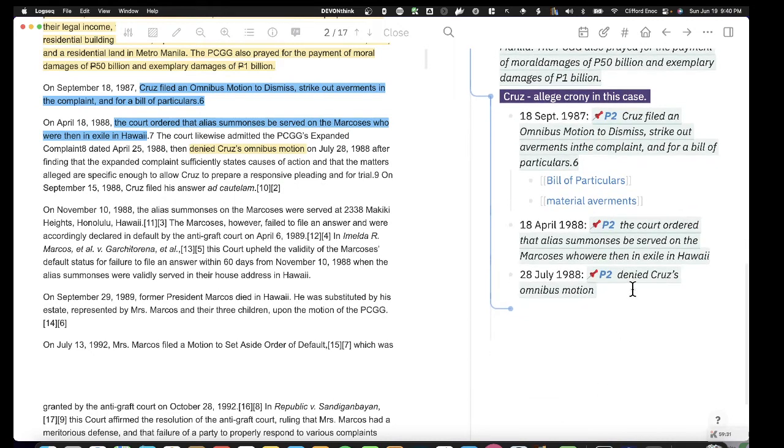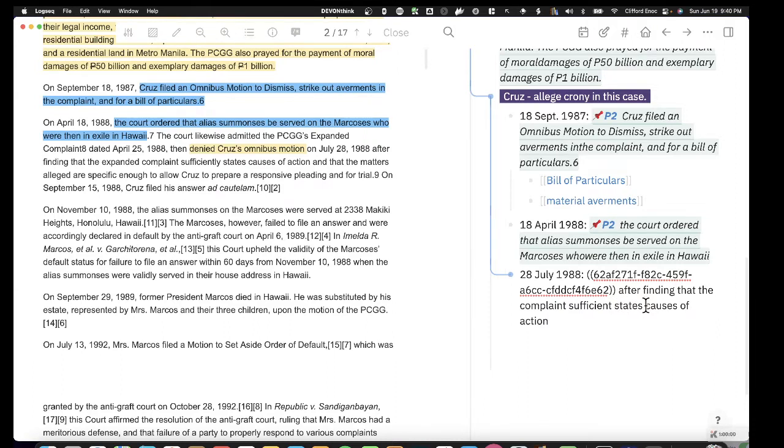So, denied Cruz omnibus motion after finding that the expanded complaint sufficiently states causes of action. Okay.